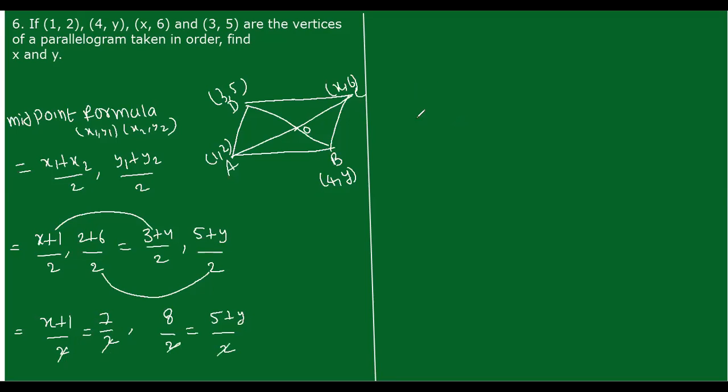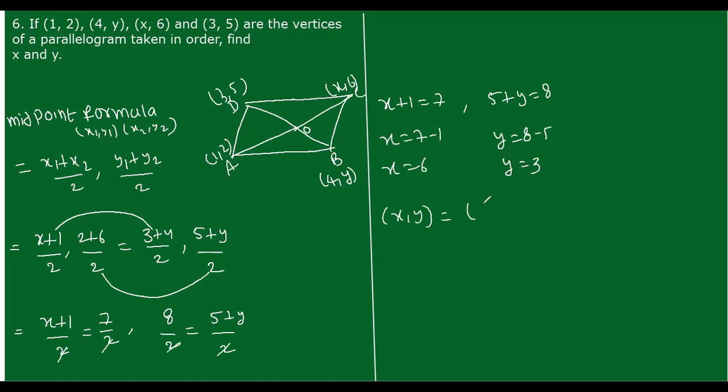The remaining values are x plus 1 is equal to 7, and on the other side 5 plus y is equal to 8. So x equals 7 minus 1, the x value is 6, and y equals 8 minus 5, the y value is 3.